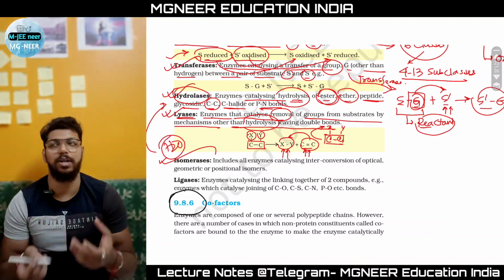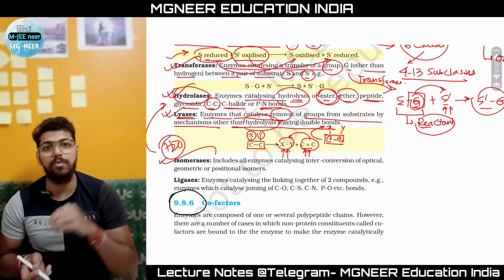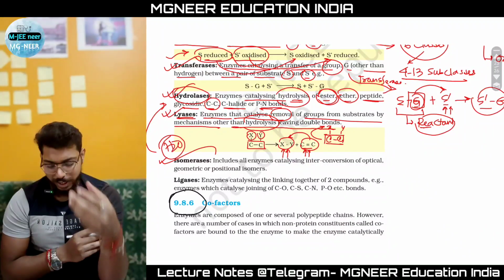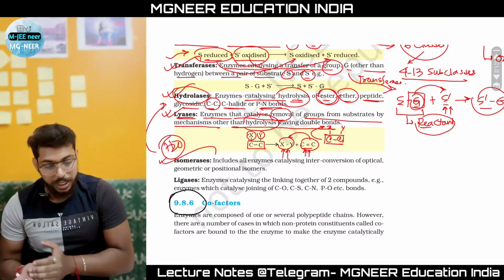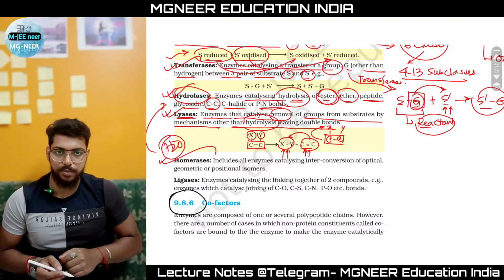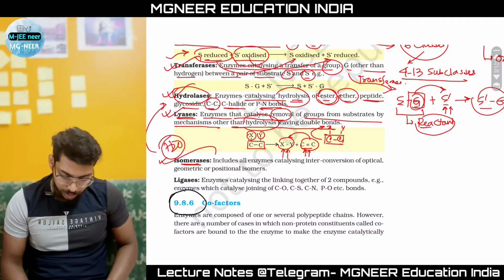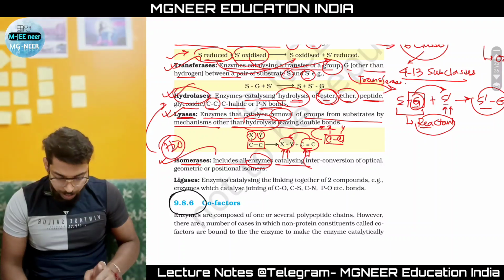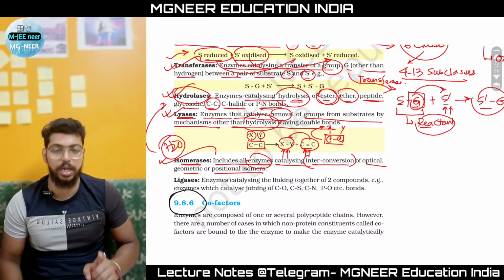Isomerase, isomer. What is the meaning of iso? Iso means structures which are similar in character, or similar in looks. Isomerase means it will form isomers. It includes all enzymes catalyzing interconversion of optical, geometric and positional isomers.